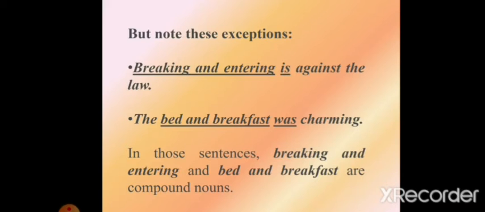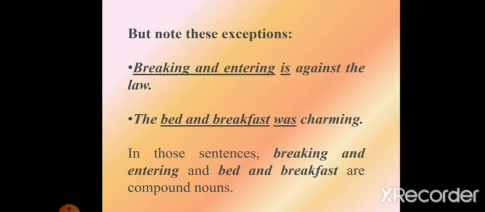Breaking and entering is against the law. So you're taking it as one compound noun. It is one action, breaking and entering. Then bed and breakfast, it is one offer that you have. So bed and breakfast was charming.